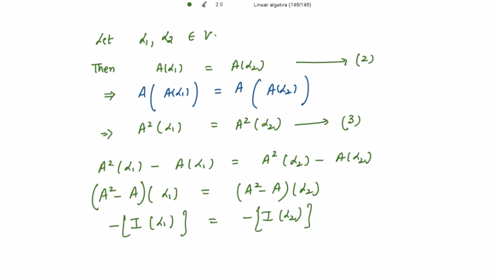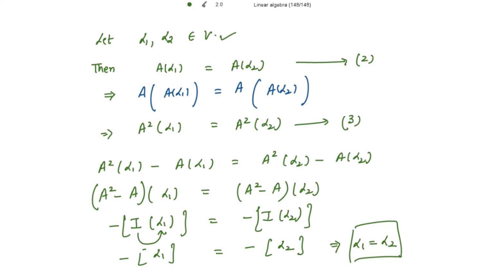Identity operator applied on alpha 1 gives I of alpha 1 equal to alpha 1, so minus alpha 1 is equal to minus alpha 2, which simply implies alpha 1 is equal to alpha 2. So whenever we take two elements from V, A alpha 1 equal to A alpha 2 implies alpha 1 equal to alpha 2. This shows that A is 1-1.